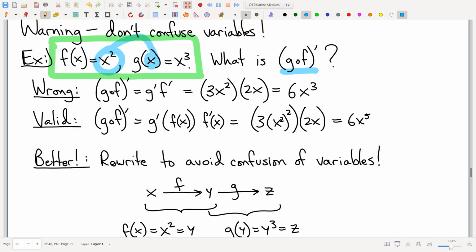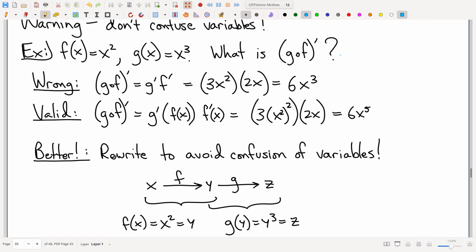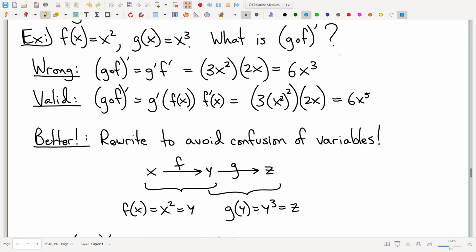So here's what I propose instead, and this is not a difficult solution. This is just, let's just avoid the problem. Let's recognize, because we decided to compose, and because what comes out of f is x squared, that I really can't call that x anymore. It's not x.